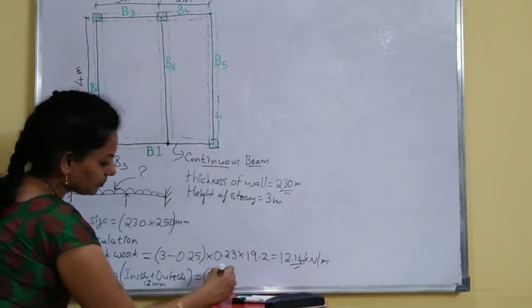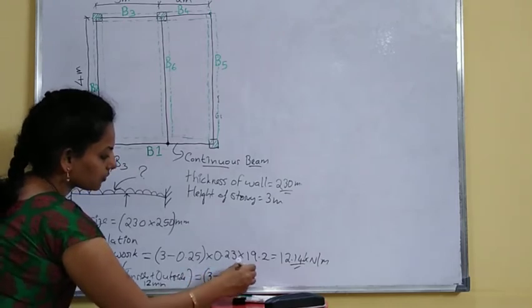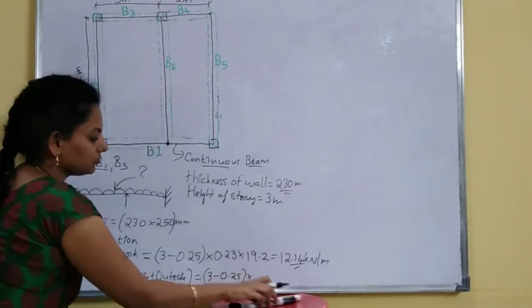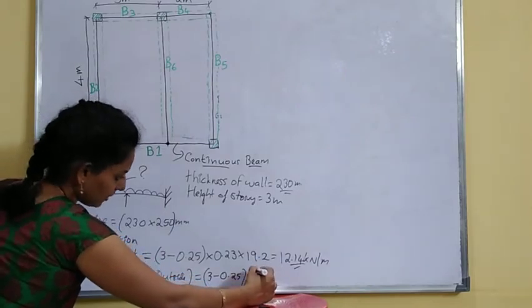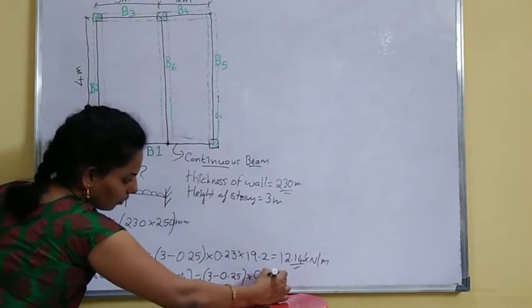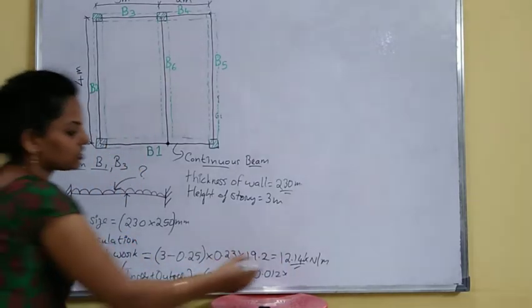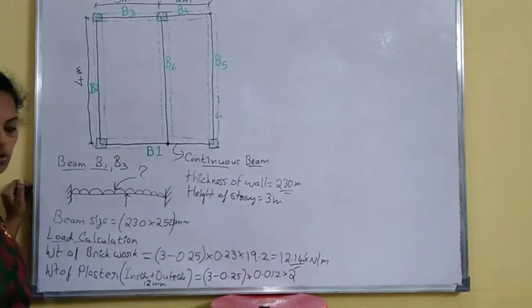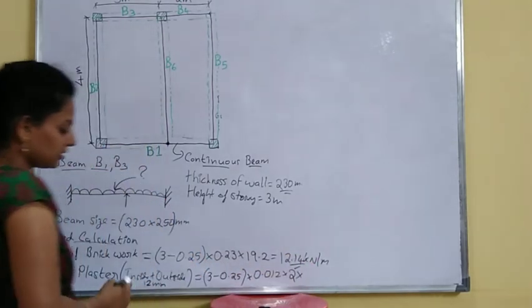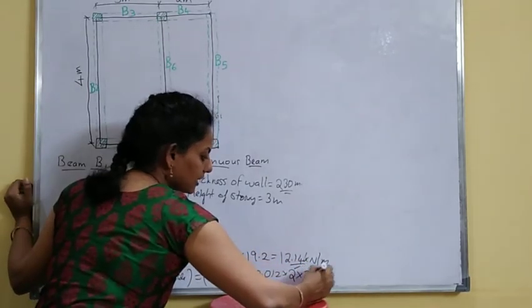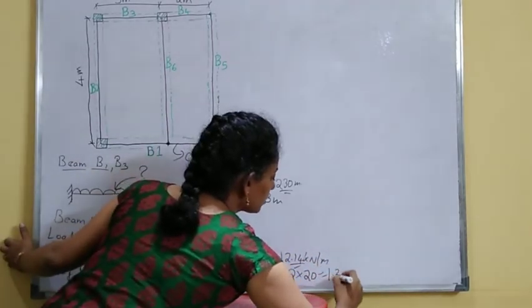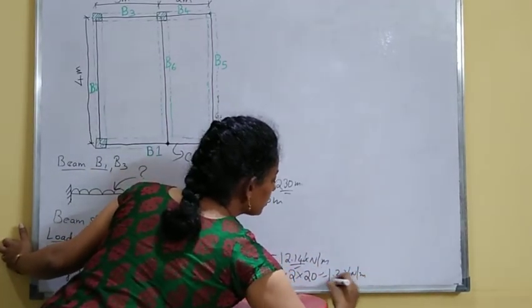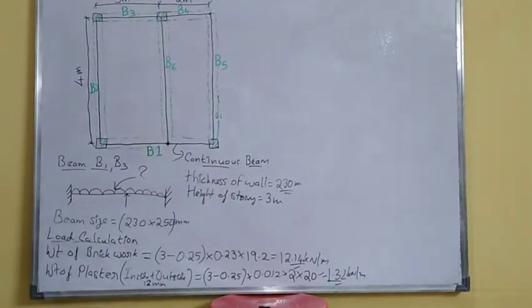Height is the same, 3 minus 0.25, into thickness of plaster 0.012. You are considering both inside and outside, so into 2. Then the density of plaster is 20. So it is 1.32 kilonewton per meter.